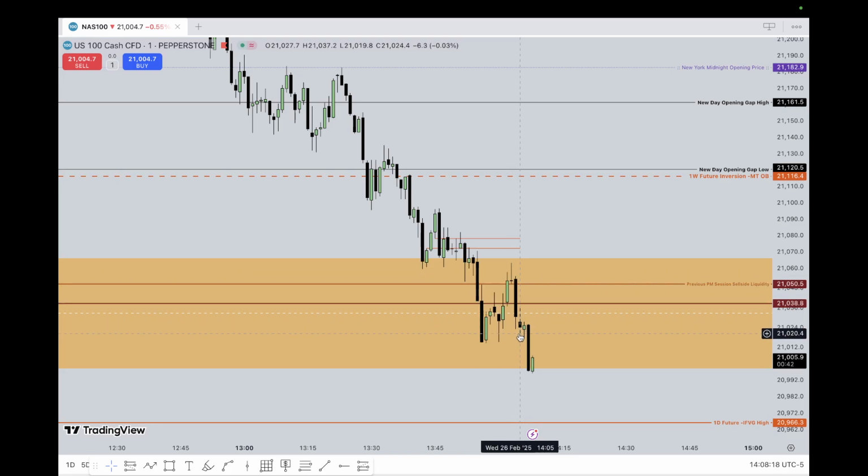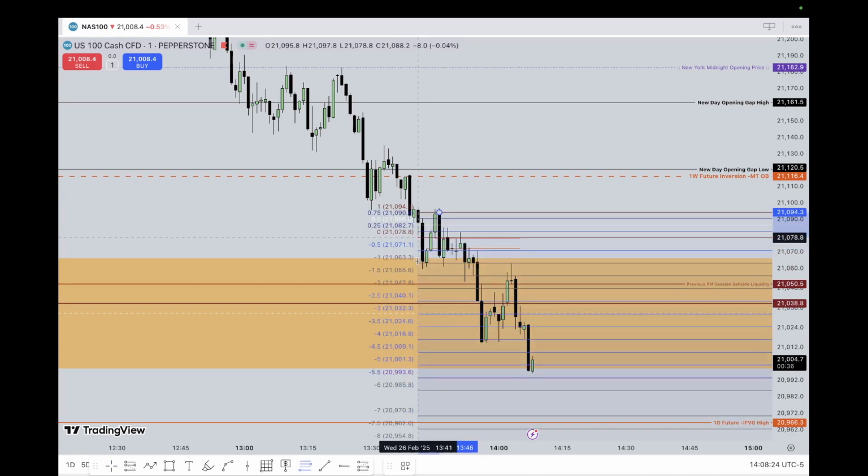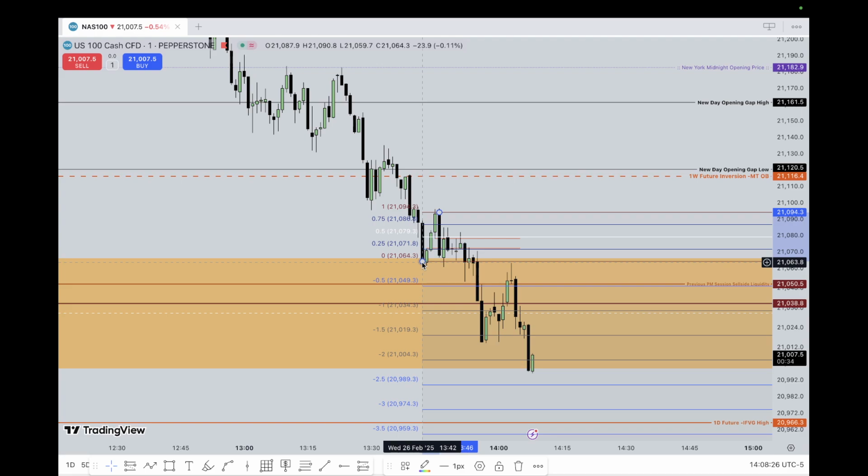And we delivered again this level of sell side beautifully. And we should see a continuation of the market lower if that 1 hour narrative is correct. This should be an intermediate term high.